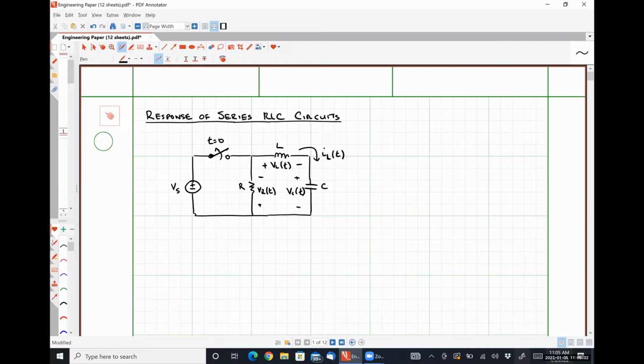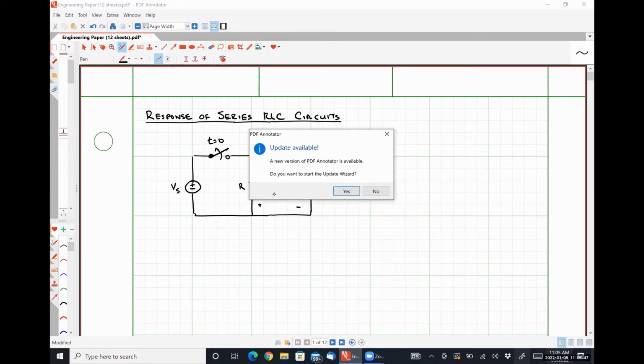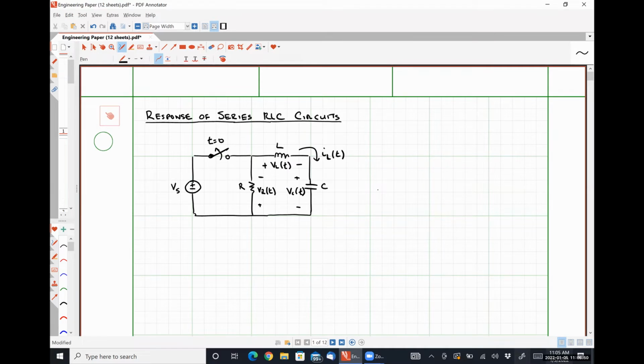So during the transient condition, after our source voltage has been removed, we can write a Kirchhoff's voltage law equation around that loop, simply saying VR of t plus VL of t plus VC of t is equal to 0.